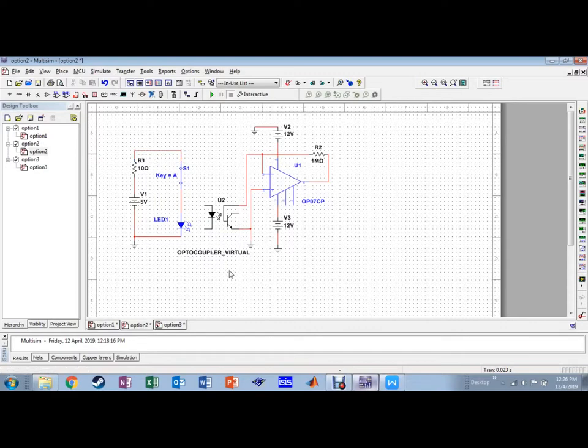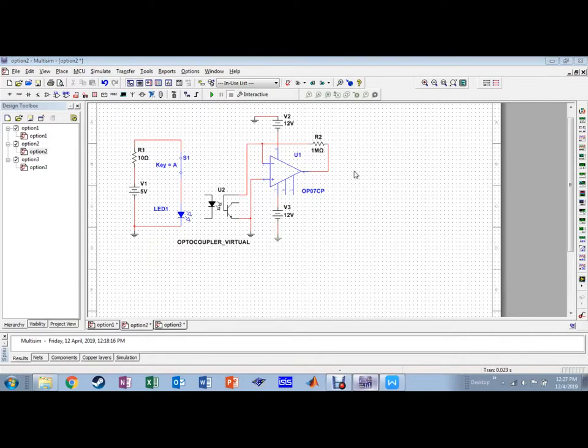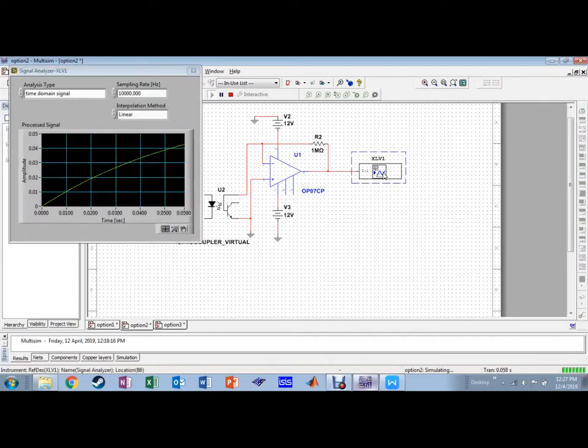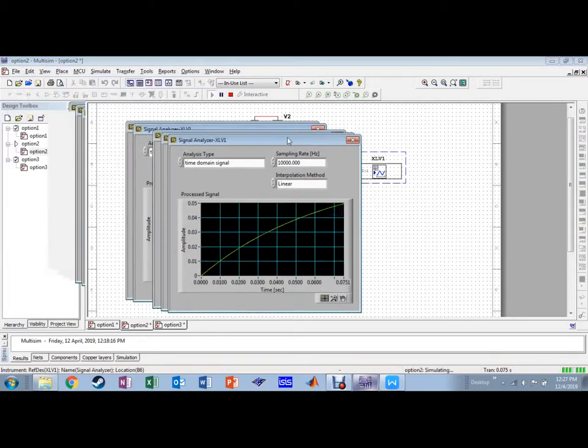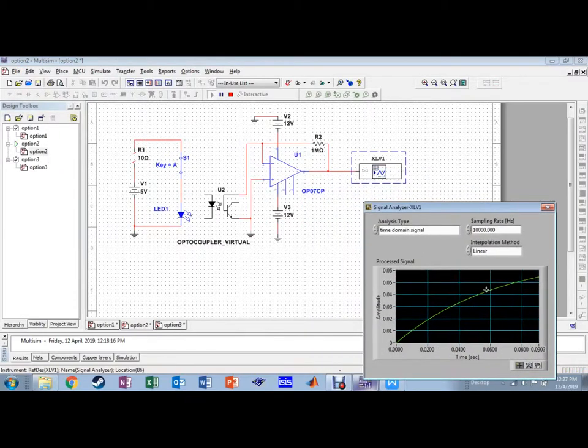So this is the circuit for option 2, which uses an optocoupler. As usual, click the LabVIEW instrument and select signal analyzer, put it here to measure the characteristic response and run it. There is no error for this circuit. Okay, this is the characteristic response of the circuit.